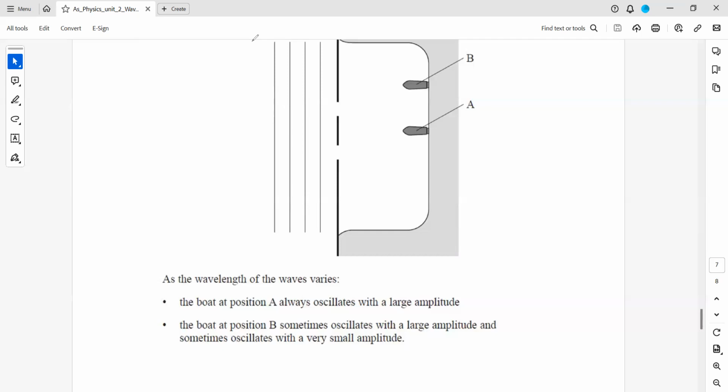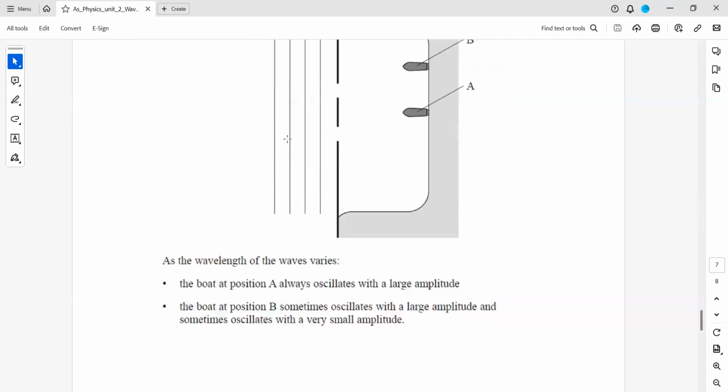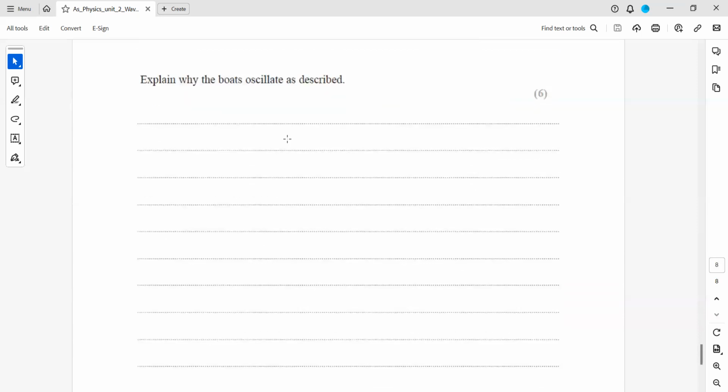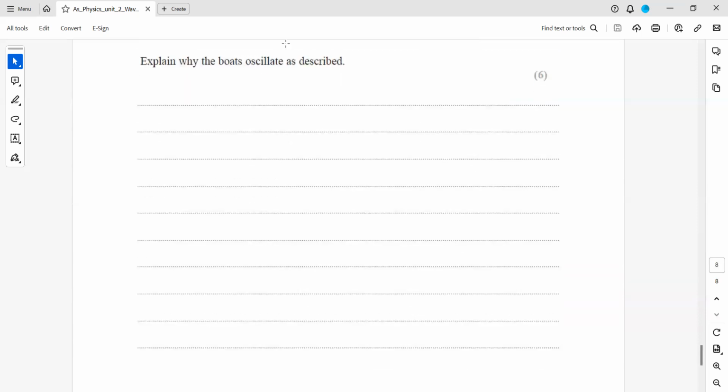Is it clear? Question 4 part B. You have to describe why the boat oscillates as it is described, and it's a 6-mark question. So your answer should relate one point with another.